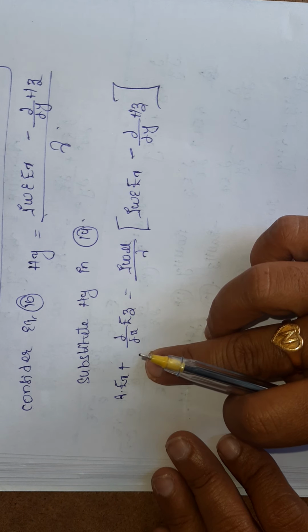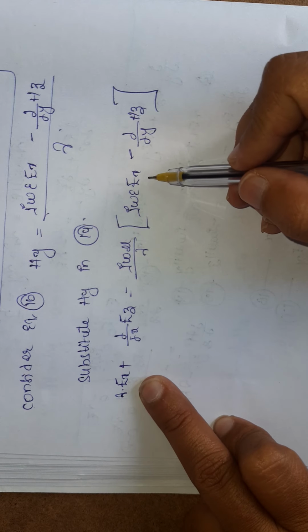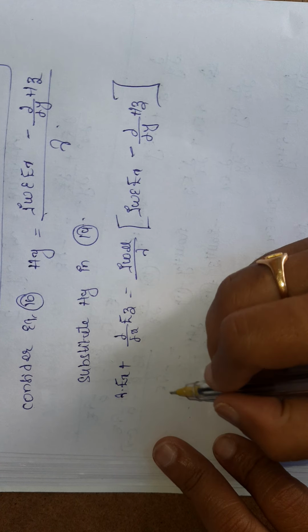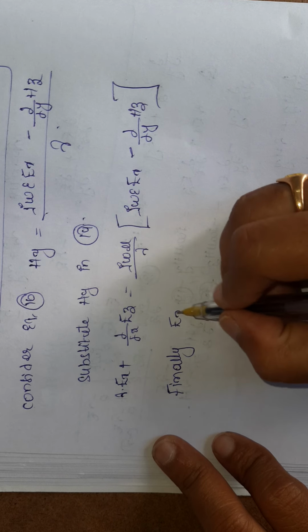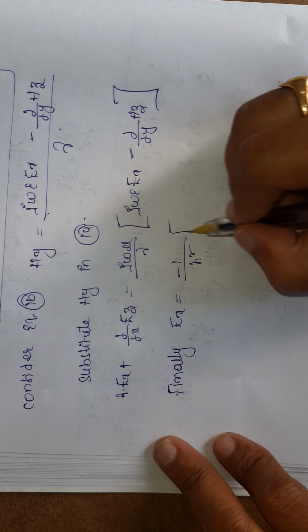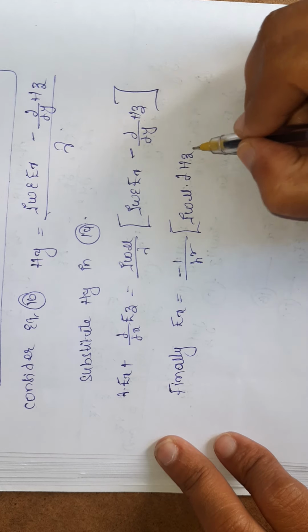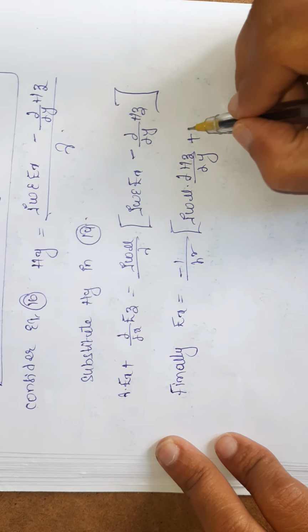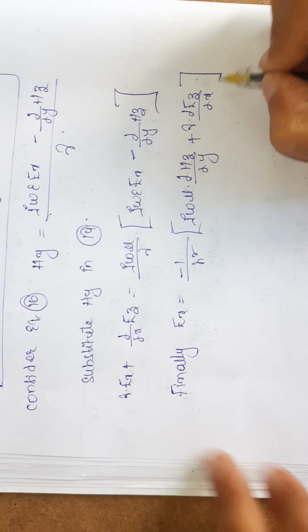Just cross multiply this one and take out Ex as a common term. Finally, I am writing the expression for Ex. Finally, Ex is equals to minus 1 by h square into j omega mu into dou Hz by dou y plus gamma into dou Ez by dou x.